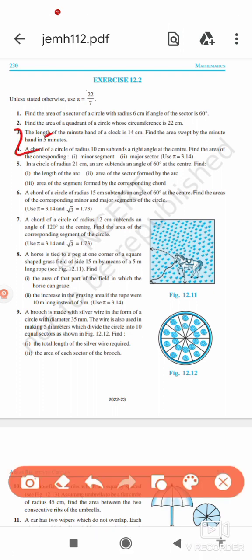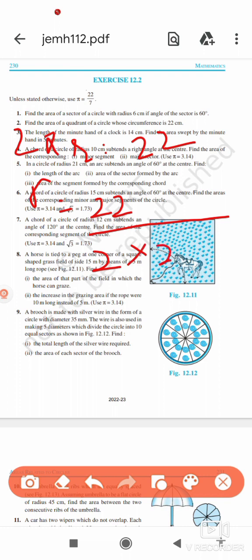So 2 pi r is equal to 22 centimeter. What is r then? R is equal to 22 divided by 2 into pi, which is 22 by 7. So it gets cancelled. 7 by 2 is my radius.